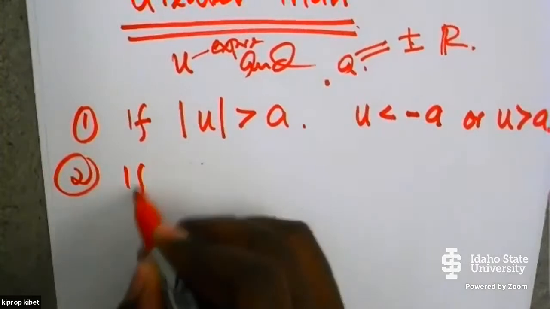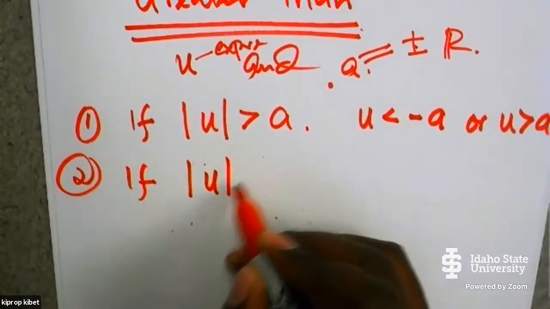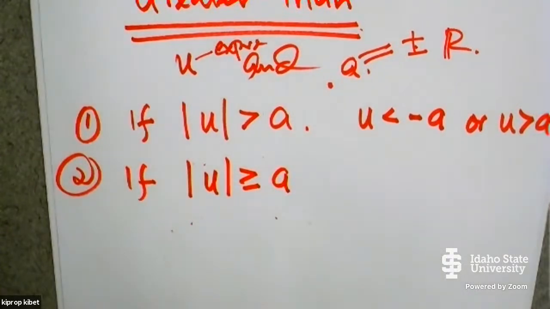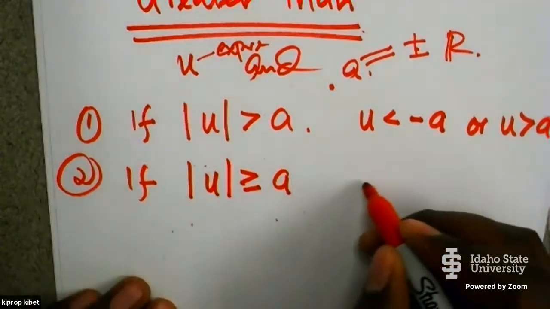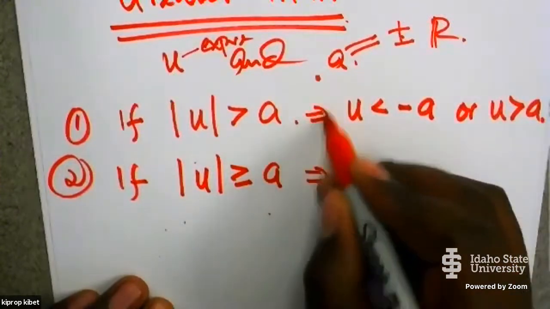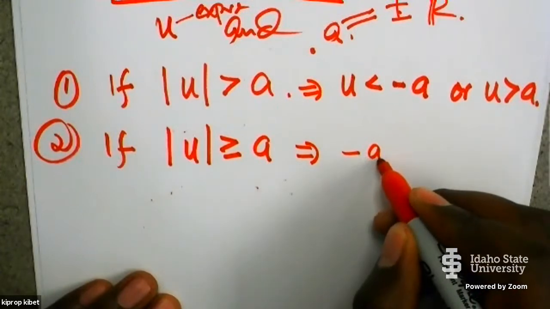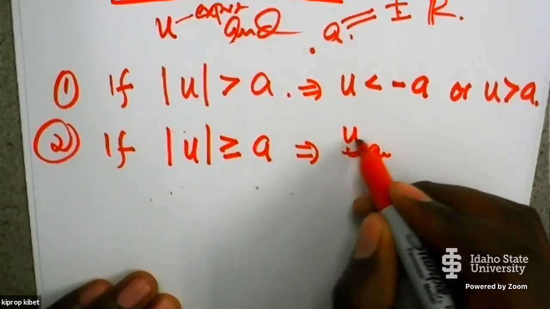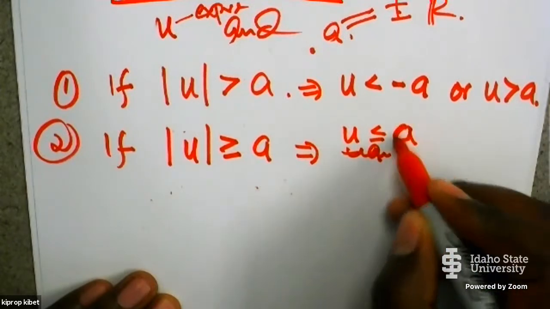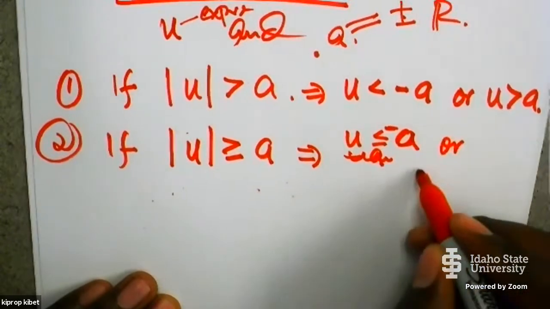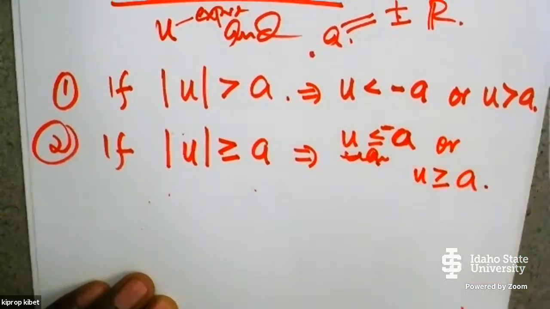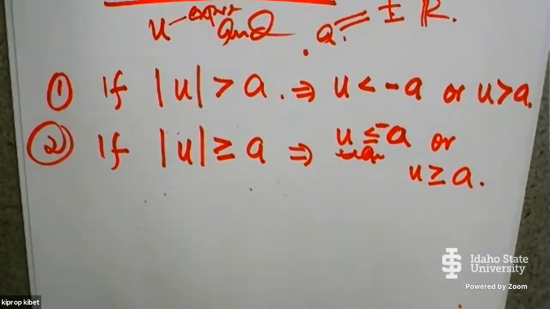Number two, if the absolute value of u is greater than or equal to a, then u is less than or equal to minus a, or u is greater than or equal to a.